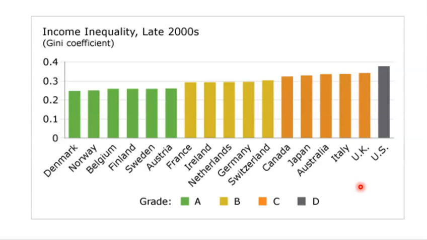So you'll recall that in Chapter 9, the chapter on labor markets, we looked at the extent to which there were unions in different countries and the extent to which the power of workers as compared with the power of employers differed.